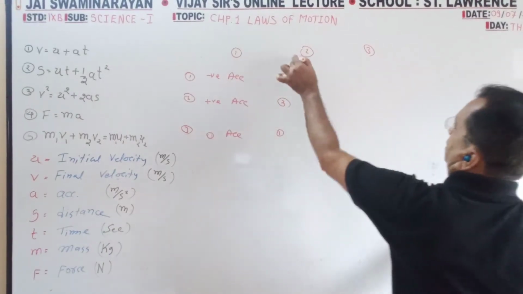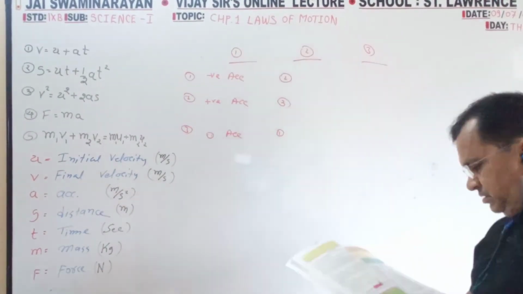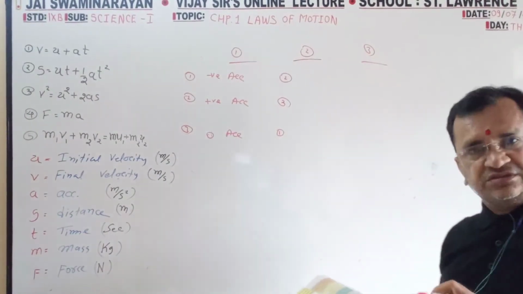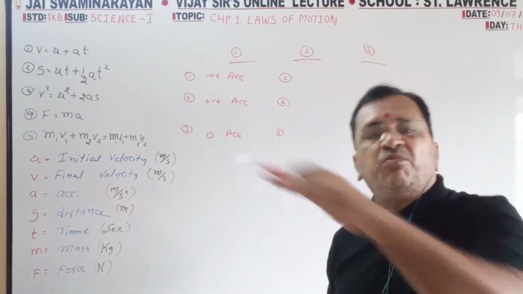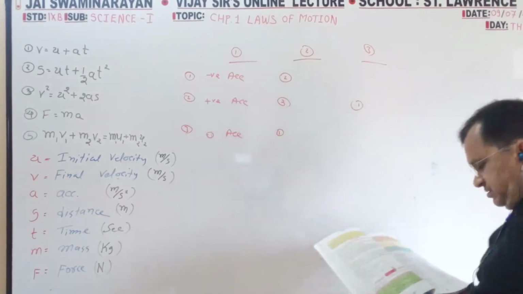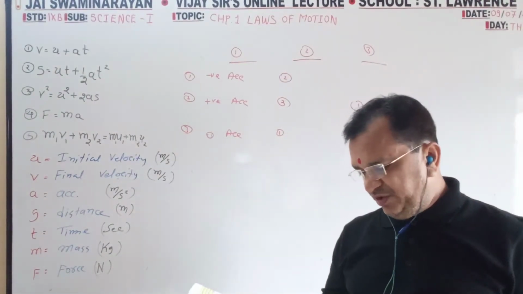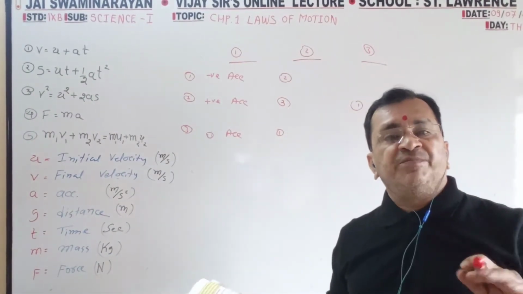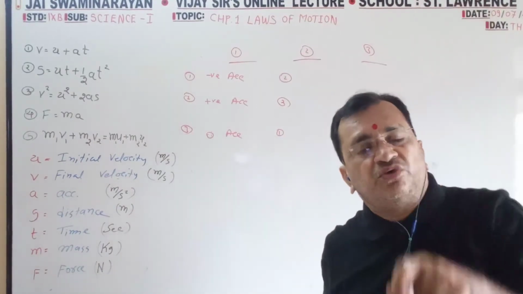Now column number 3. Car initially at rest. Now moving means speed increase. Speed increase means positive. A vehicle is moving with a velocity. Vehicle is moving. No increase, no decrease, no rest.